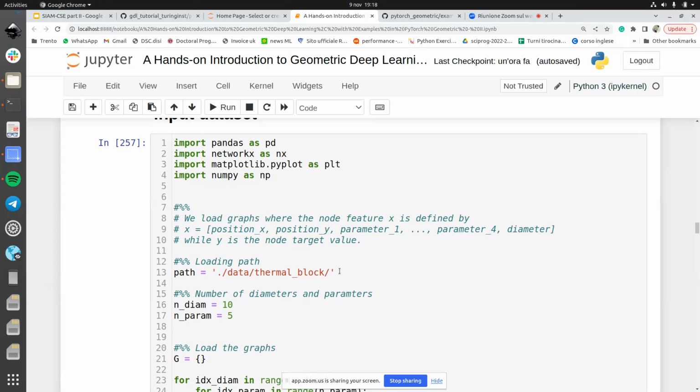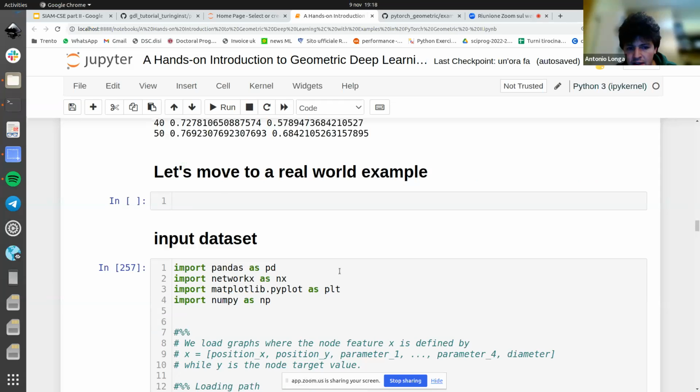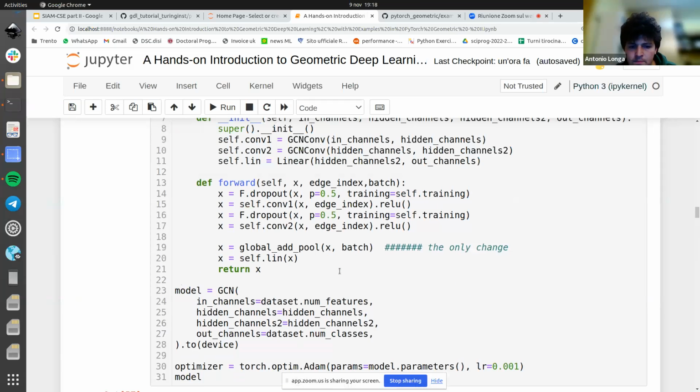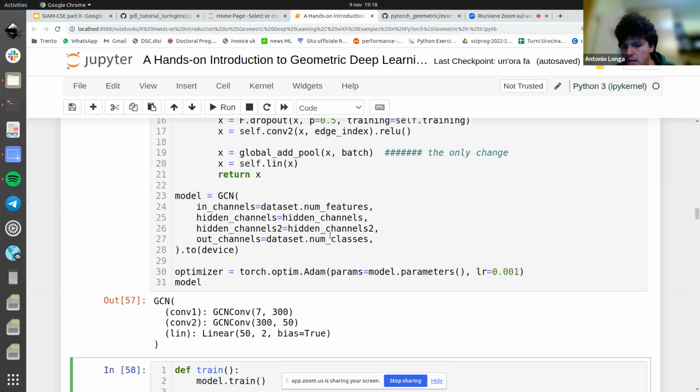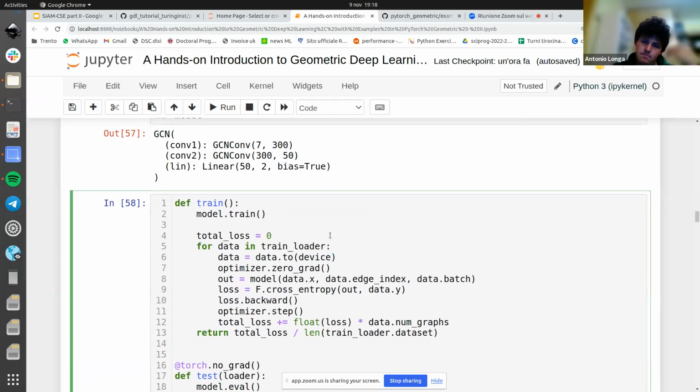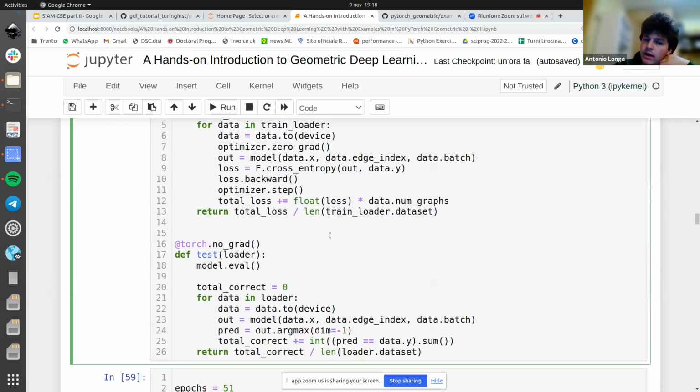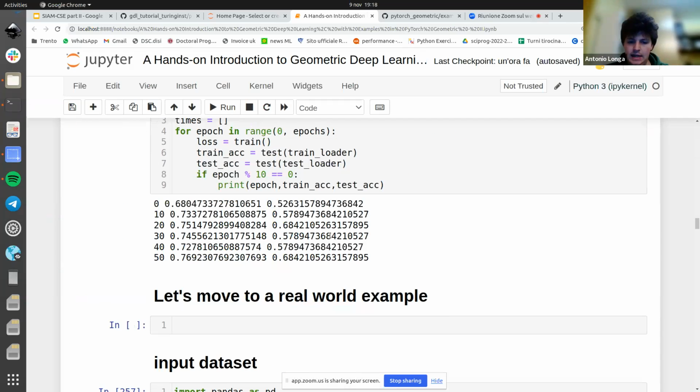There are other regularization techniques, other than data augmentation, that you can use to help your model generalize. Yes, you're right. I've used here only the dropout, but I didn't use the weight decay. And there are even much more complicated regularization techniques. Yeah, you're right. Thank you.